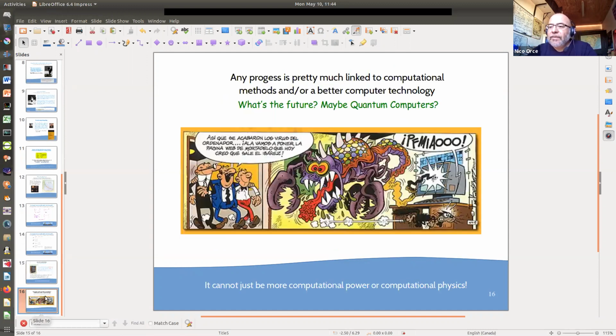But I want to leave it here. We cannot rely on computers. They are important and we must learn, and that's why we are doing all these mini schools and these colloquiums and these workshops and these online pracs for you to learn computers and to learn how to program. But we cannot rely on computers, because the discovery cannot be linked to a better computer, right?